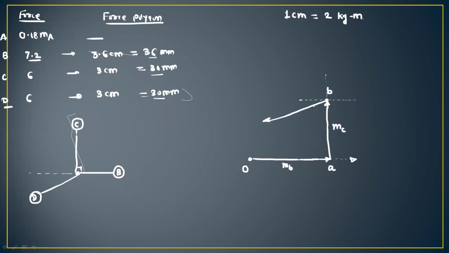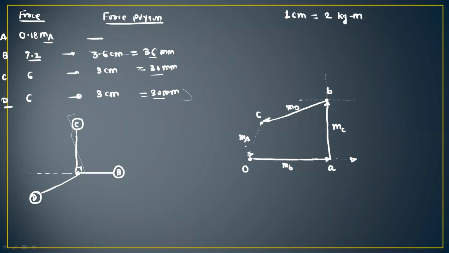So this is B to C. This is for mass D, and again it is 30 mm. Now this closing side, so this side will give the value of mass A. Okay. So this is for mass A.